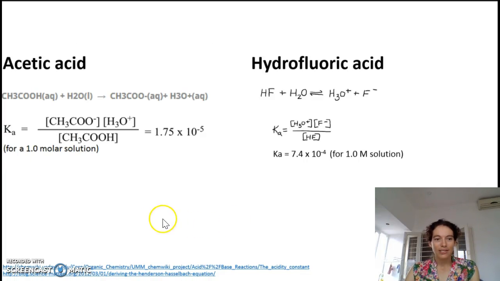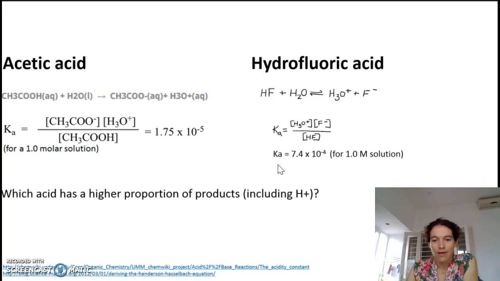So here we've got acetic acid, a weak acid. Here we've got hydrofluoric acid, another weak acid. Well, what does that tell you about the ratio of products to reactants? Remember, that includes H+.